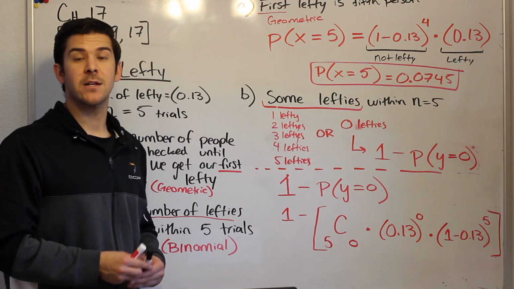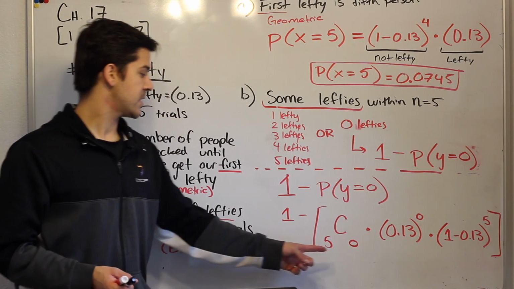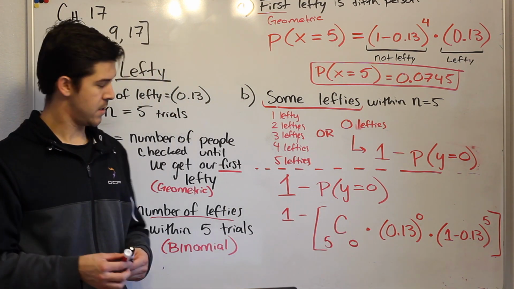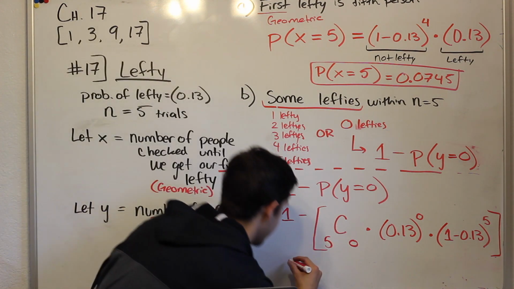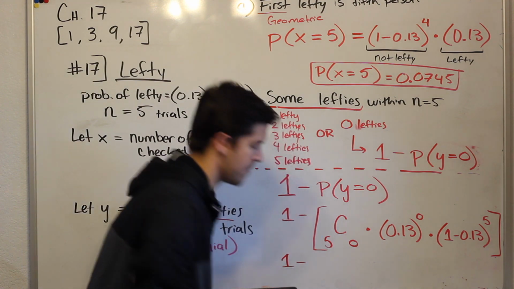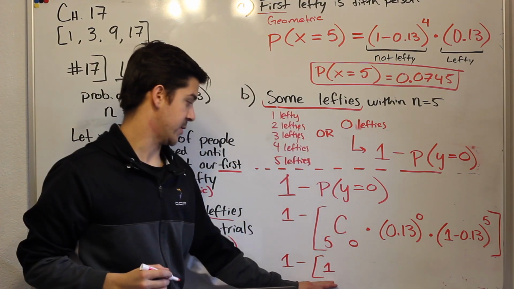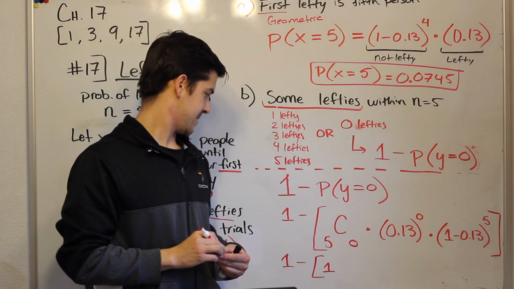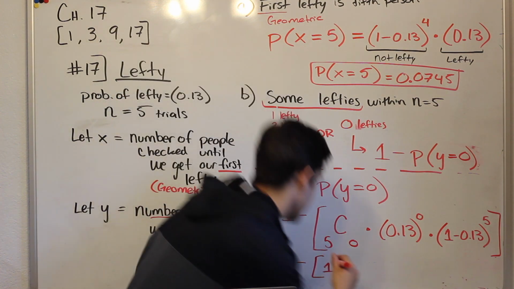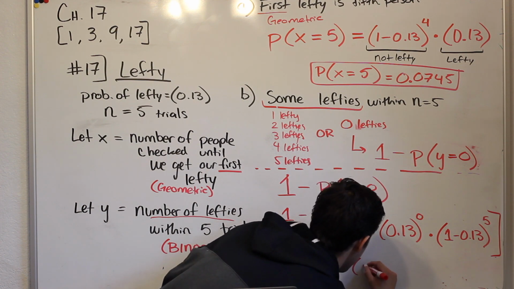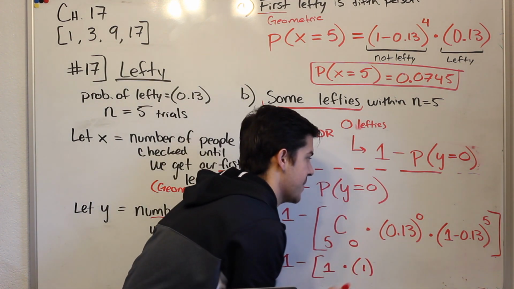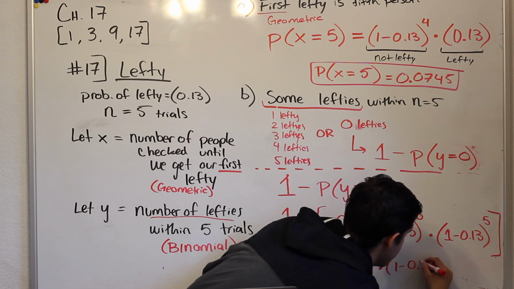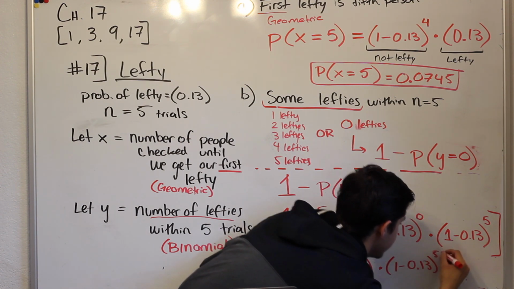If you go back and take a look at the video right before this, you'll see how you can set up this piece of the equation in order to solve for it. When you do that, we will end up with 1 minus 1, because there's only one way that you can have 0 lefties, multiplied with 1, anything raised to the 0th power is 1, multiplied with 1 minus 13% to the 5th power.